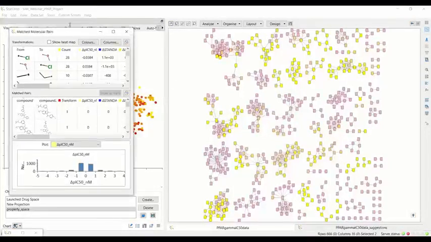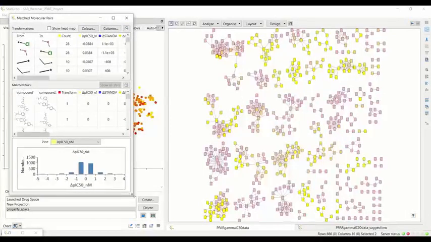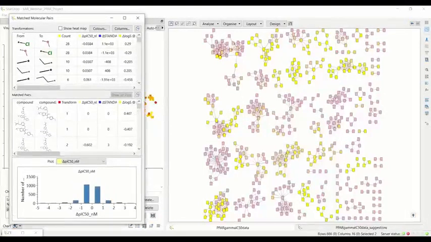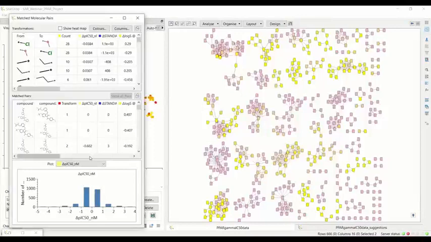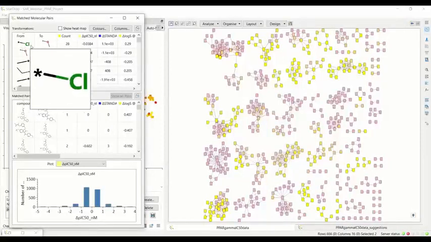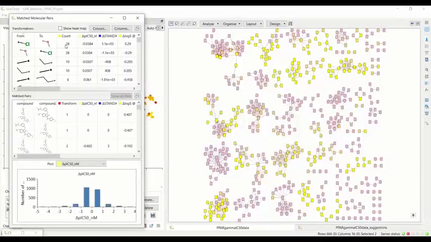On the left-hand side here, I show our matched molecular pairs output. This was some of the dialogue that Matt was showing in his slides. And again, at the moment, these are sorted by the transformations and the frequency of which those matched pairs actually exist within this data set.